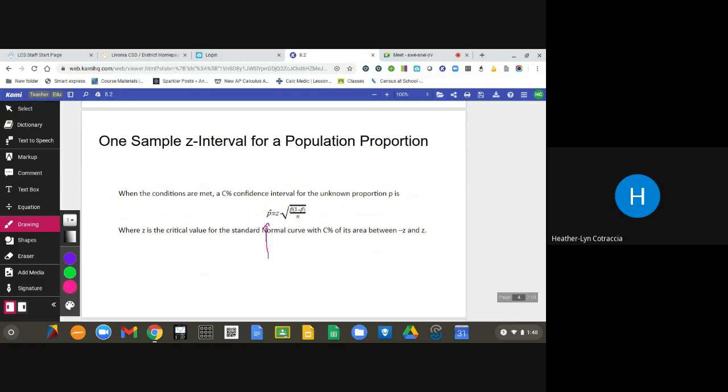We learned in the last video that p hat is called your point estimate. That is the number right in the center of your interval. So that's your point estimate, then you add and subtract to get the endpoints of your interval. That z right there, that's called your critical value. This square root, that's your standard error.